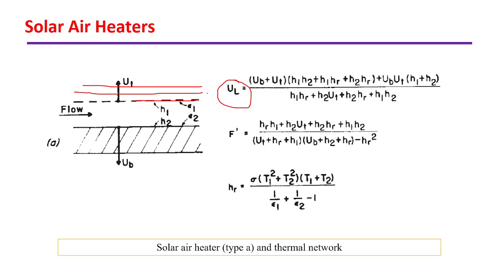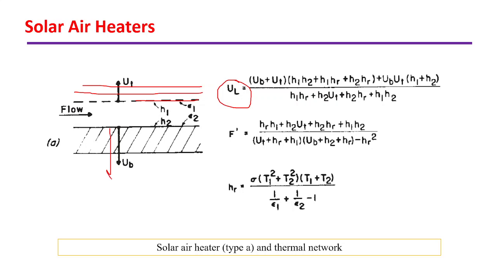We will be studying here mainly two types of systems, type A and type B. So in the type A system, we have one absorber plate.